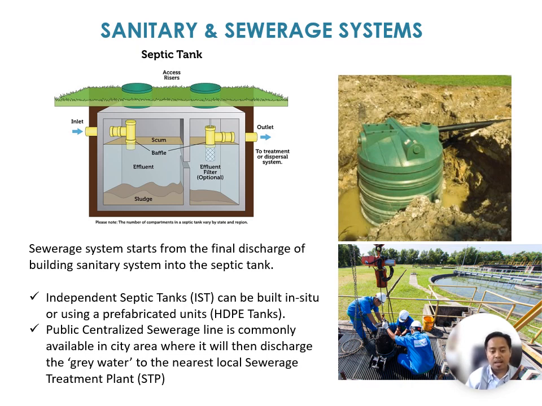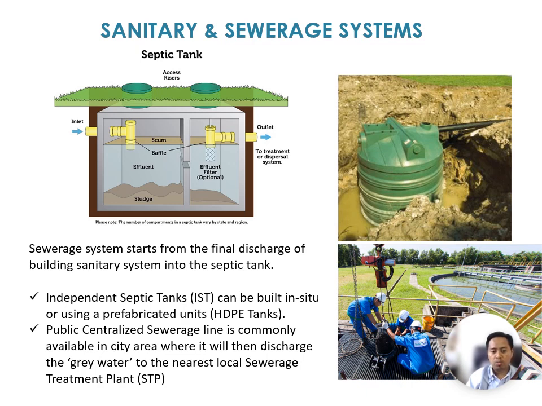The second type is public centralized sewerage line. It is commonly available in city areas, where it will then discharge the grey water to the nearest local sewerage treatment plant, well known as STP.